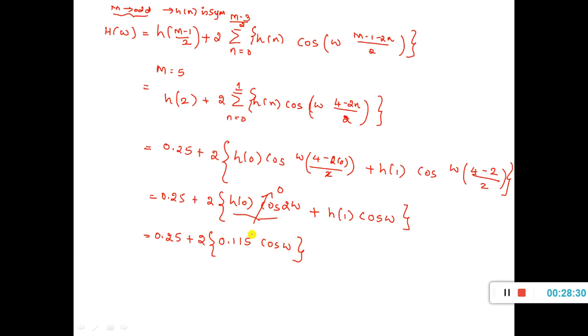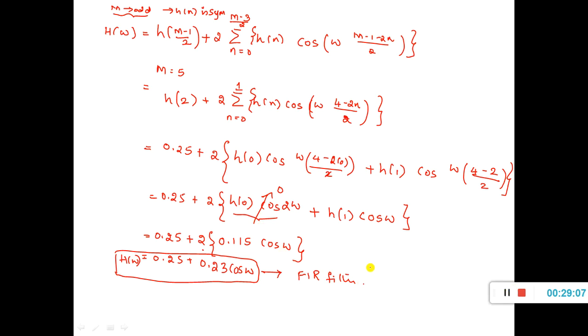So 2 into 0.115, perform the multiplication, the final answer is 0.25 plus 0.23 cos omega, right? So this is my frequency component. Put omega equal to z, so this will be in terms of z transform, so this is my finite impulse response filter, right?